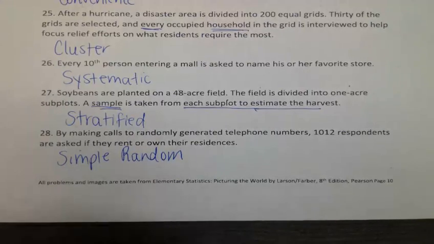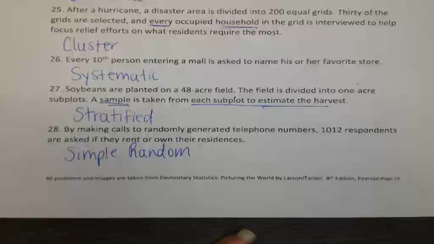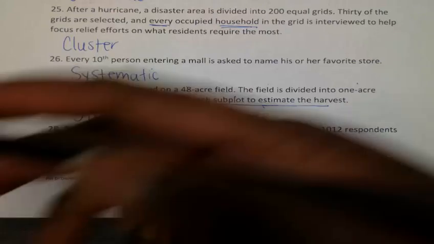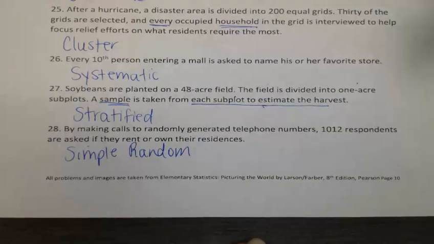Meaning if they got them from one place, they may be missing some people who have old phone numbers. Maybe a certain group has old phone numbers. Maybe of the 1,012 that they choose, maybe 500 of them, no one's answering their phone, as far as, they don't have that number anymore. All right. So those are different types of bias.